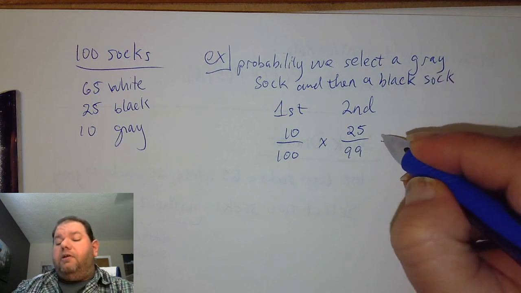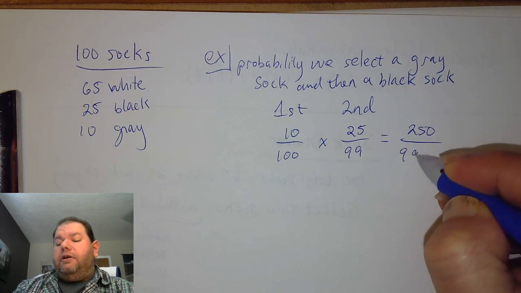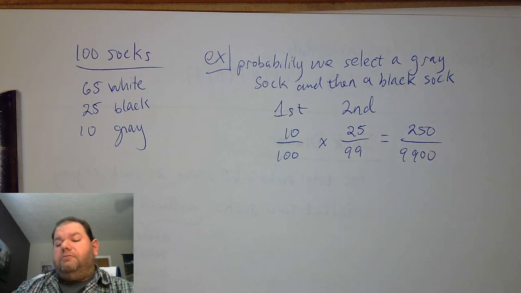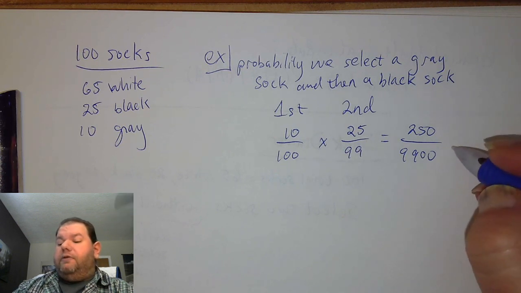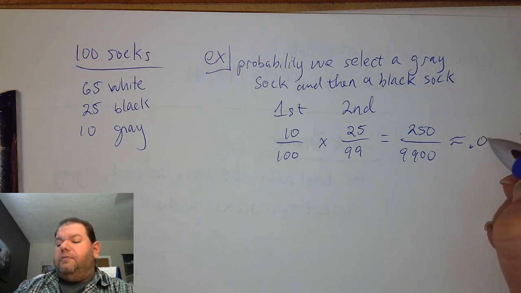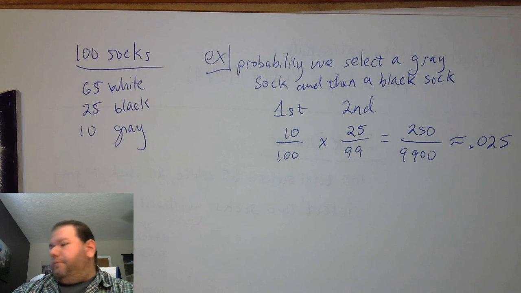So that ends up being 250 out of 9,900. And that's 0.025 once we multiply that. So this is a lot less likely to occur, but that's because we're working with the two least numerous colors in the drawer.